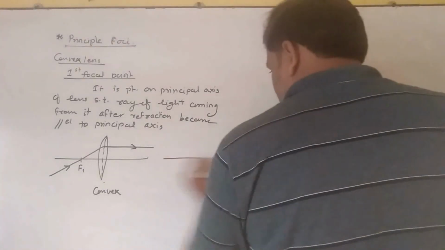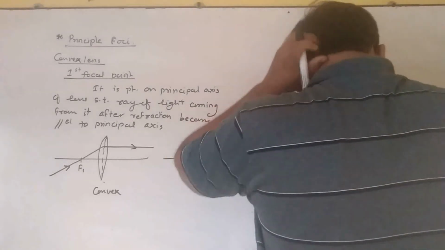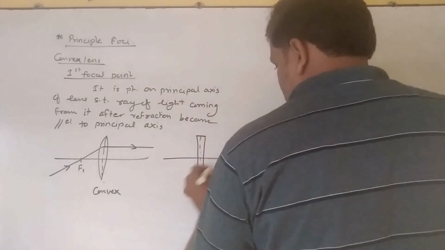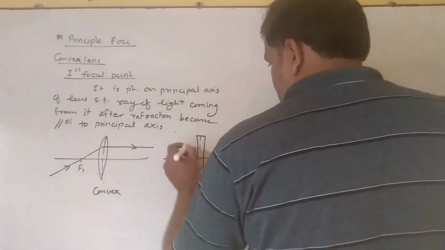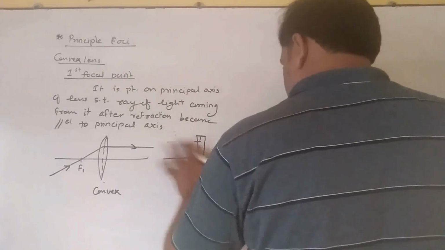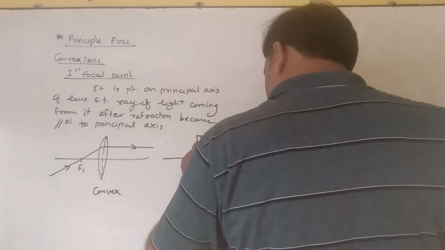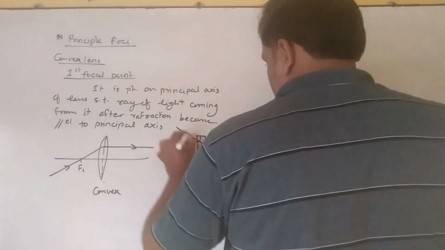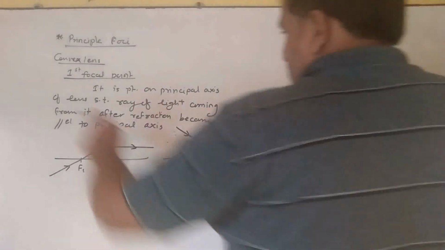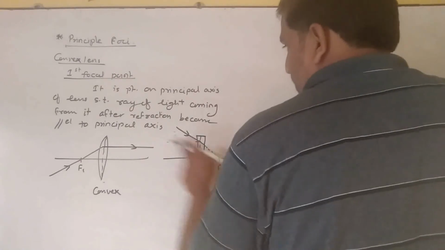Okay. Similarly, in case of concave, we can show that it is a point on the principal axis of the lens such that a ray of light seems to be coming from it, and after refraction is parallel to the principal axis.